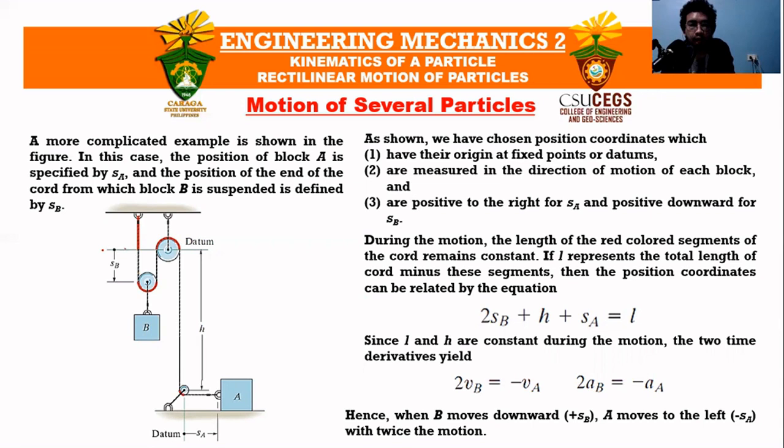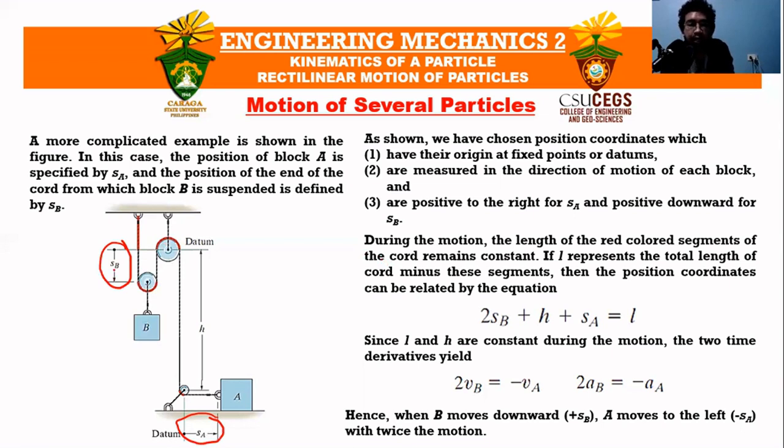So SB defines the position of block B, and SA defines the position of block A. As shown, we have chosen position coordinates which have their origin at fixed points or datums.